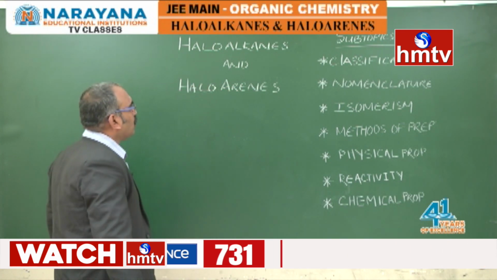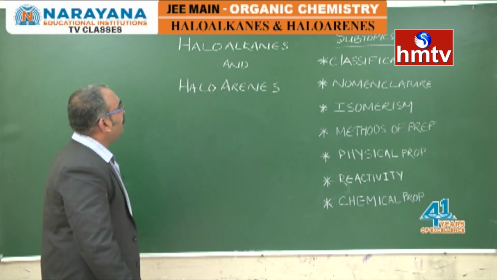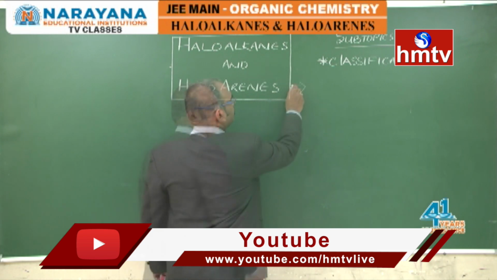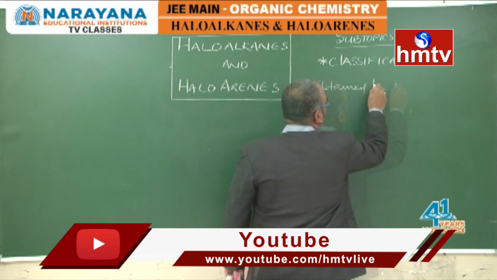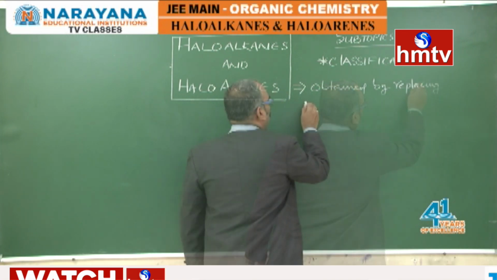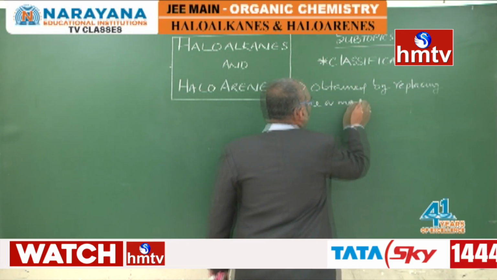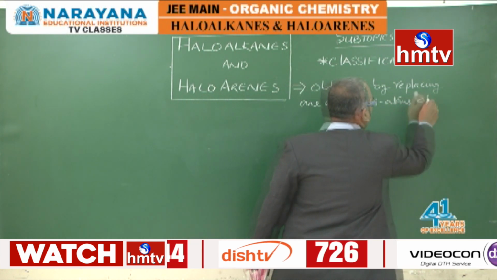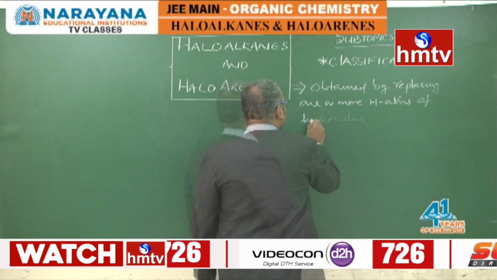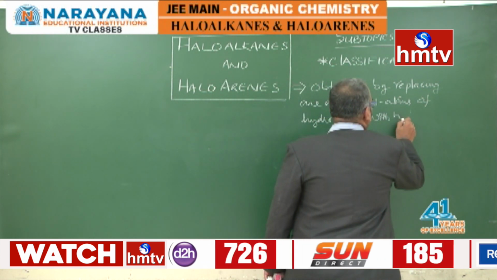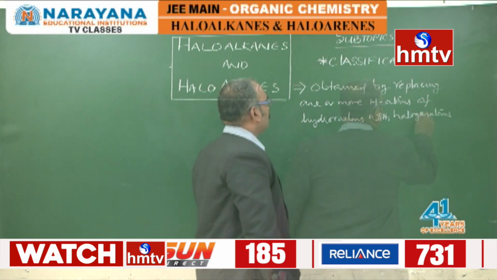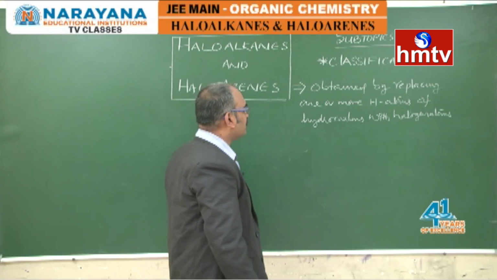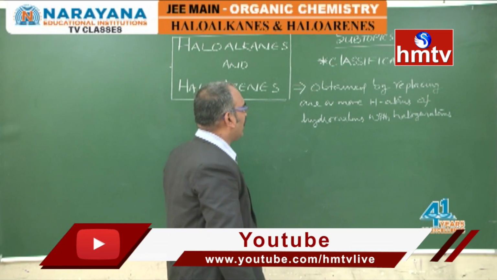Now I will start with the definition of haloalkanes and haloarenes. These are the compounds obtained by replacing one or more hydrogen atoms of hydrocarbons with halogen atoms.